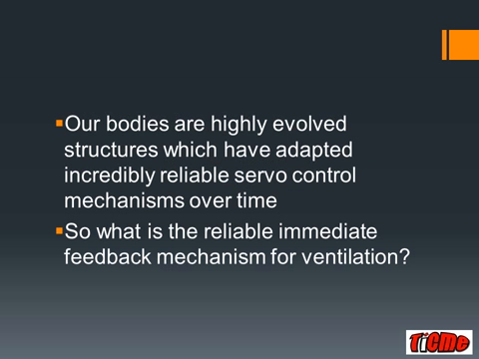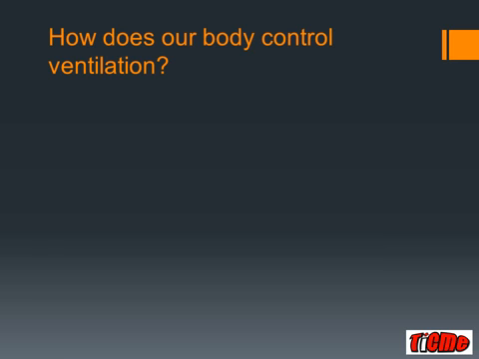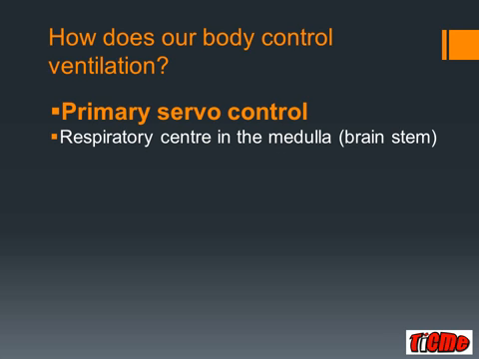Our bodies have been evolving for millennia, and they've adapted very, very reliable servo control mechanisms over time. So what is the very reliable immediate feedback mechanism that we've developed for ventilation? How does our body control ventilation? The primary servo control is the respiratory centre in our brainstem in the medulla.